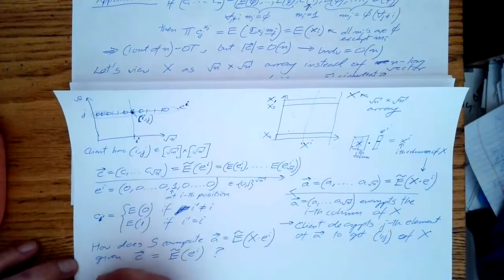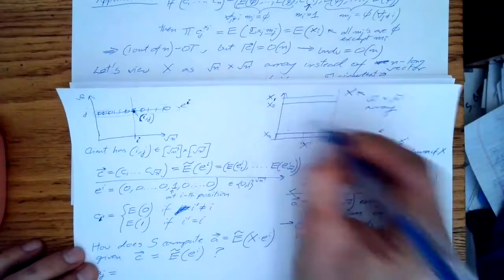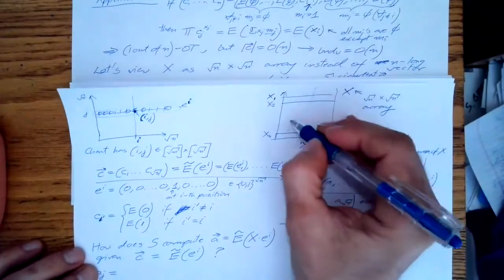Okay, each element in A, how do I compute this encryption?